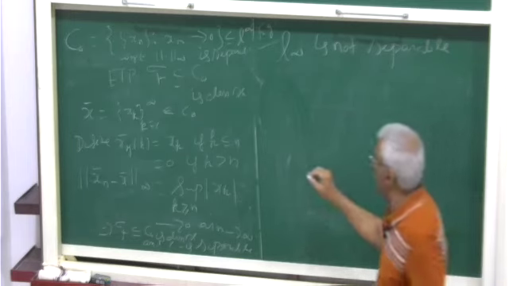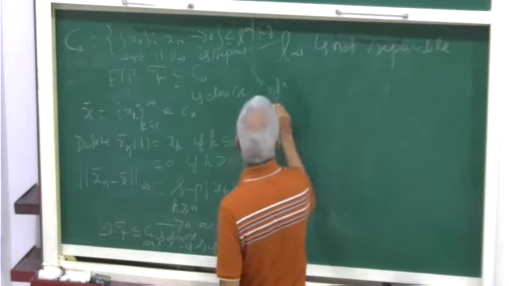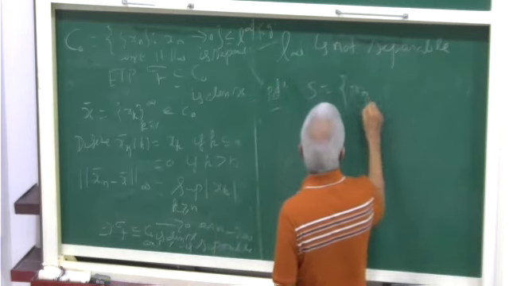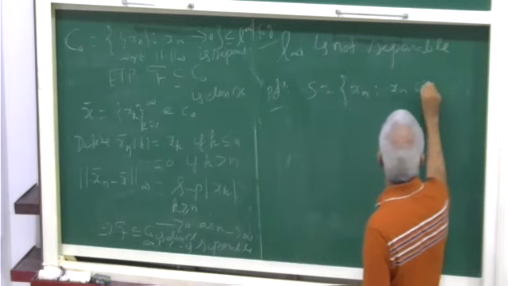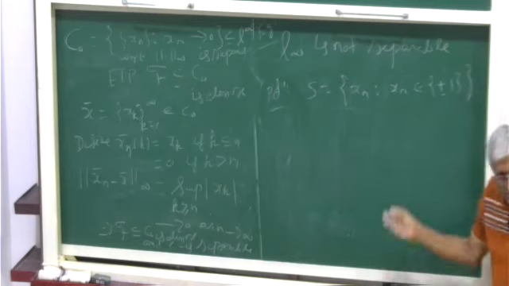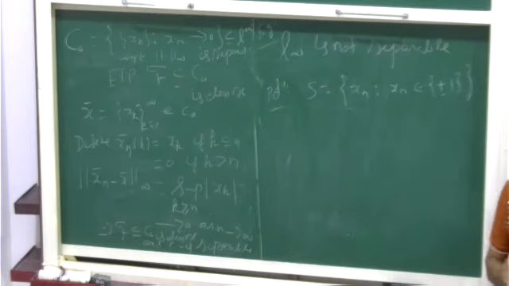It's not separable. Proof. I take a subset S of sequences xn such that xn is plus or minus 1. You know this set is uncountable, right?